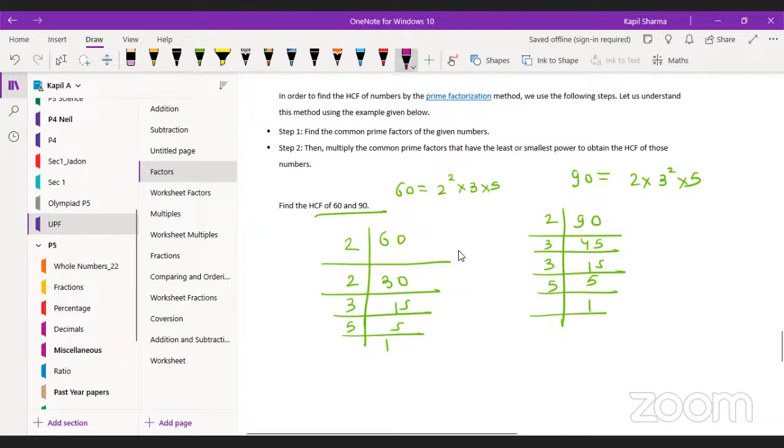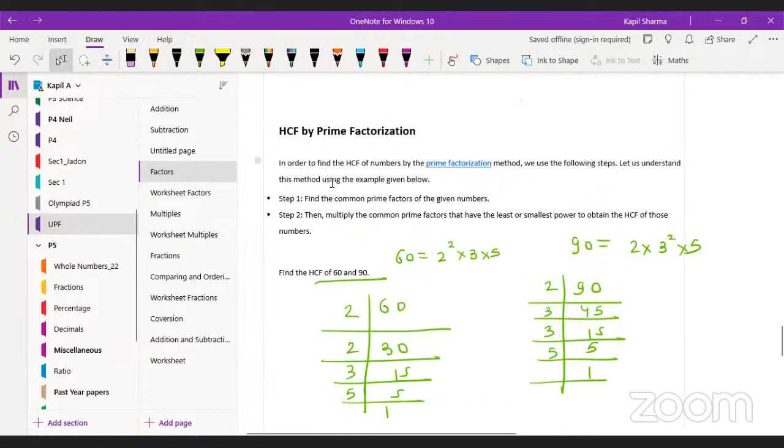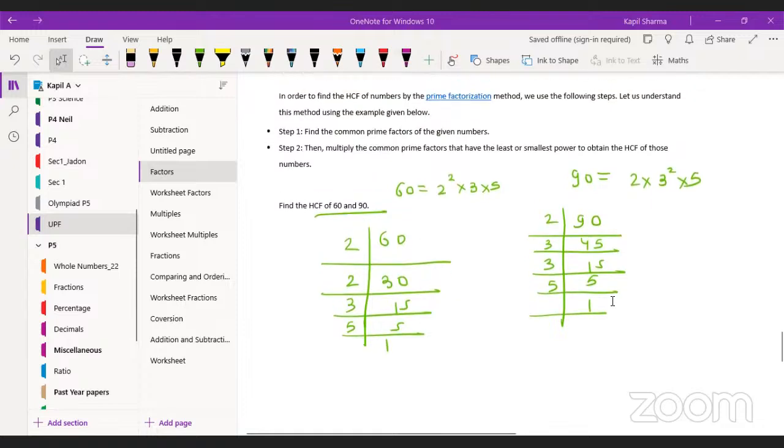To find the HCF, we simply multiply the common prime factors that have the smallest power. Here you can see that common prime factors are 2, 3, and 5. But we will multiply them with the smallest power.